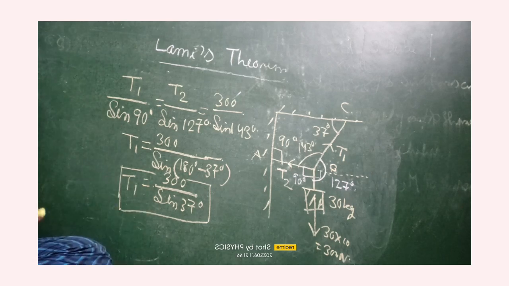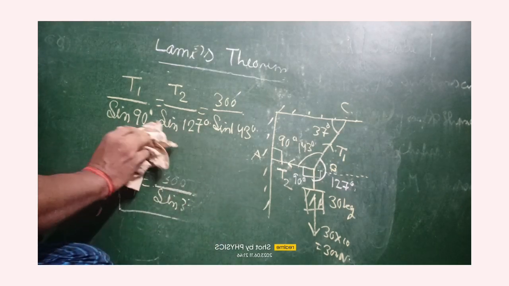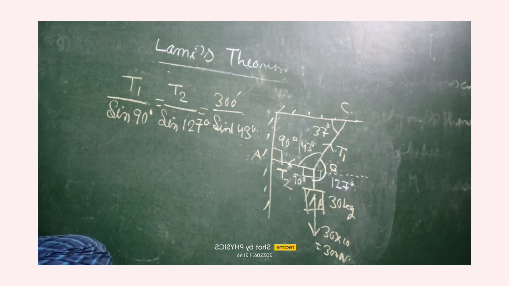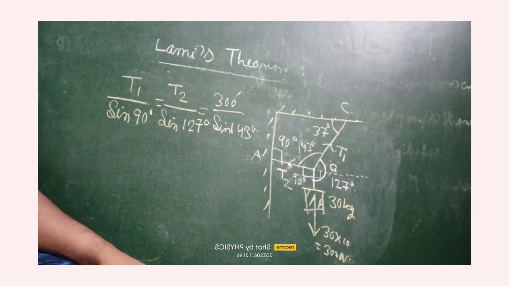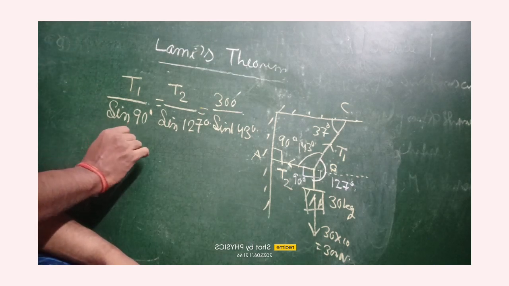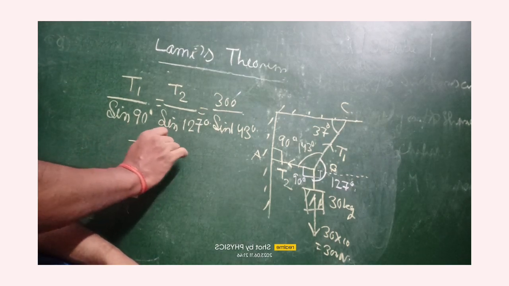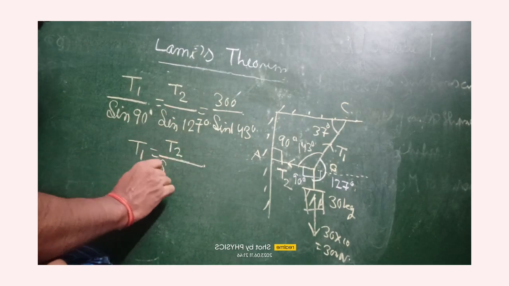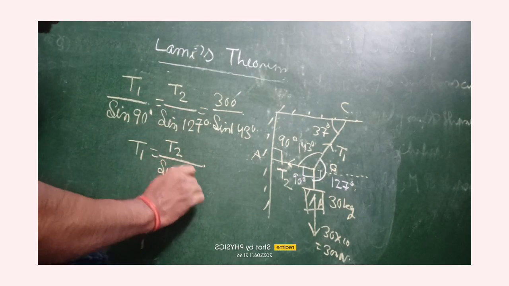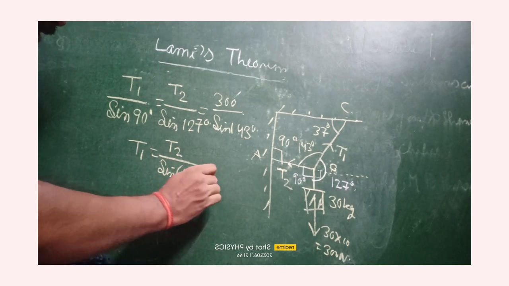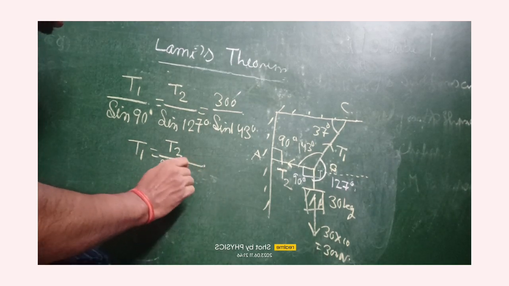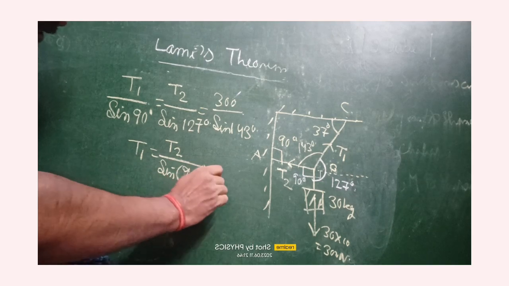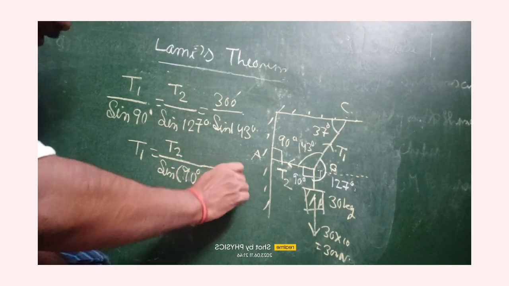Now accordingly, when we get T1, we easily get T2. T1 is equal to T2 over sine of 127 degrees, that is sine of 180 degrees minus, that is 90 degrees plus 37 degrees.